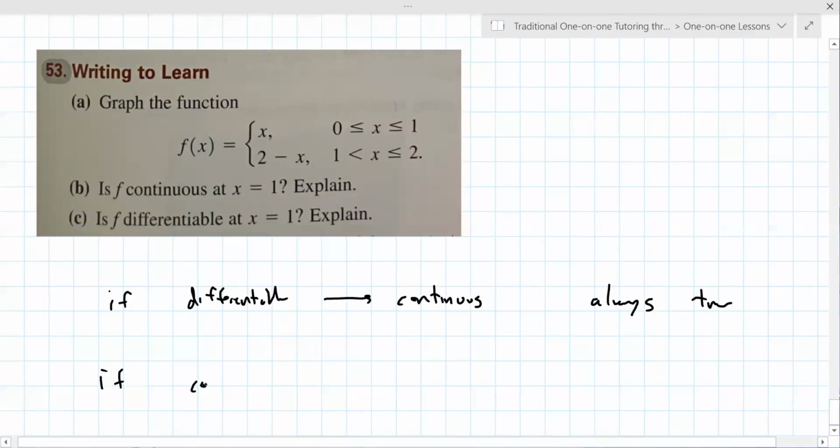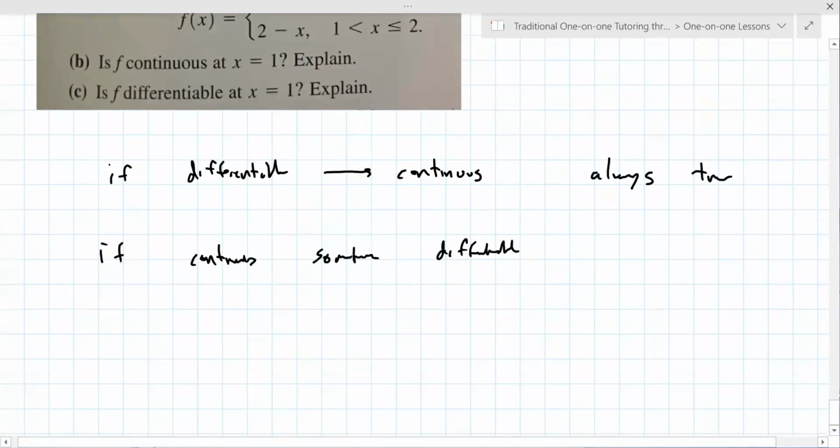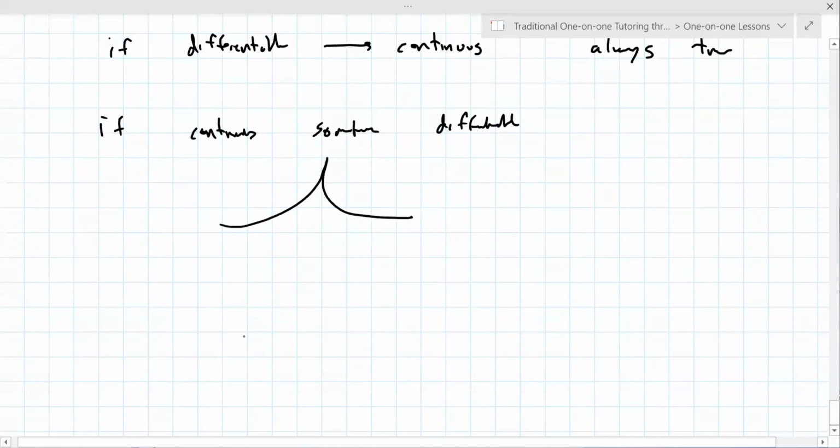If it's continuous, sometimes it's differentiable. And you already know about a few of these. There's this one. There's this one. So this is a cusp. This is a corner.